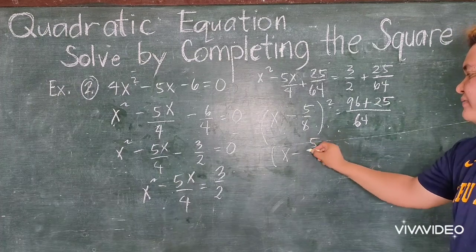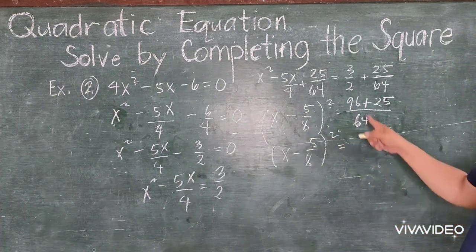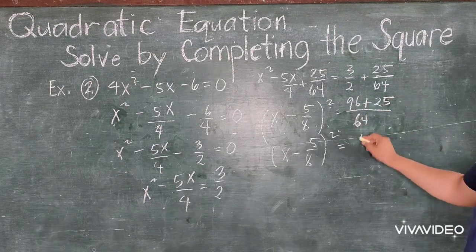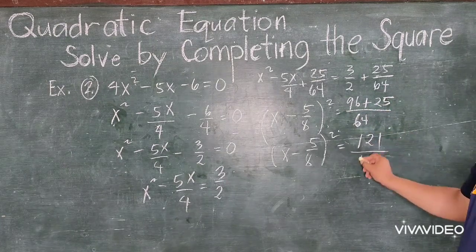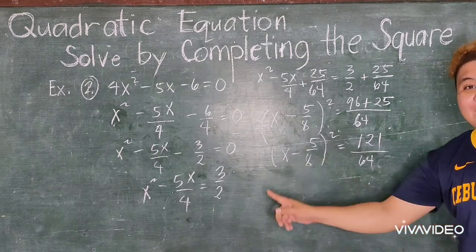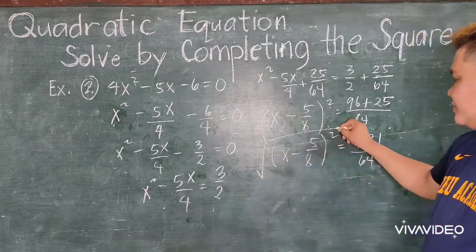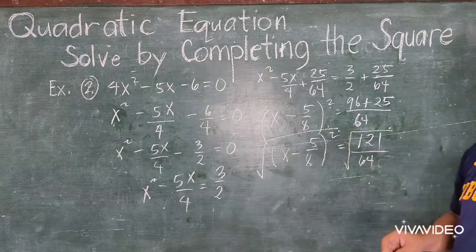Let's copy. x minus 5 over 8 squared equals 121 over 64. Now we take the square root of both sides.